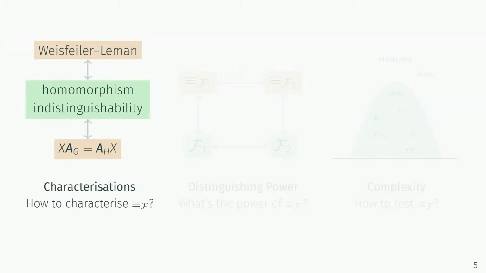And I will focus first on message passing neural networks, or Weisfeiler-Leman, and the second part I focus a bit on systems of equations, equational relaxations of graph isomorphism. We've seen a lot of talks about spectra. I think this is going to be interesting for some people in this area.